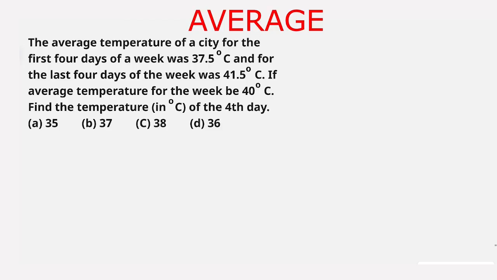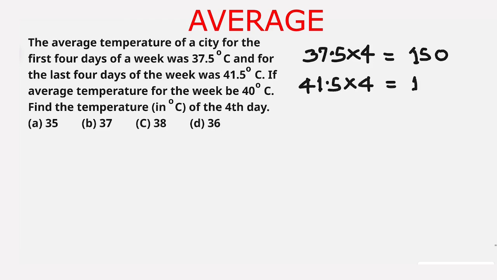So the total temperature of the first 4 days is 37.5 multiplied by 4. This is equal to 150, and the total temperature for the next 4 days is 41.5 multiplied by 4.